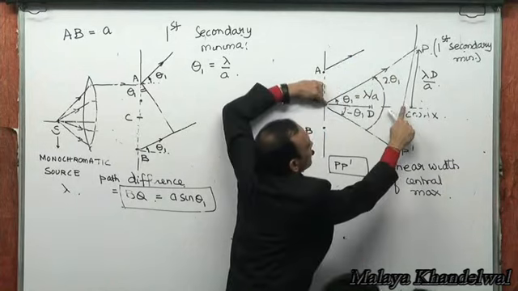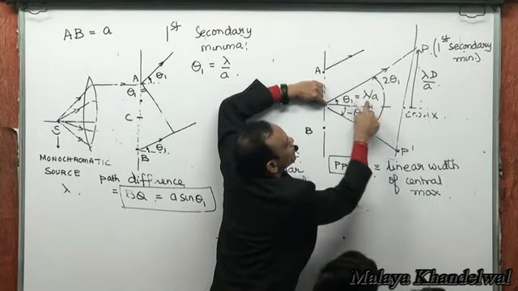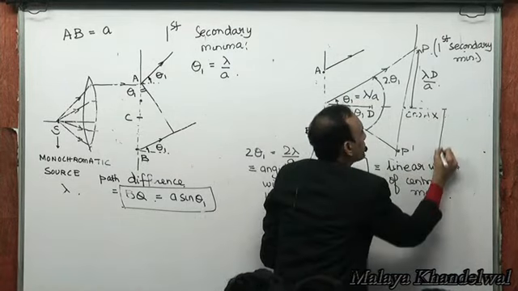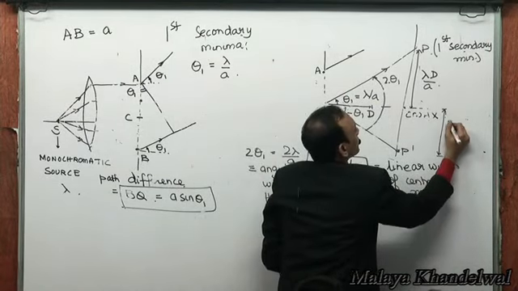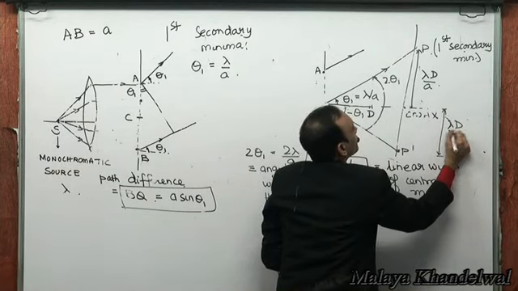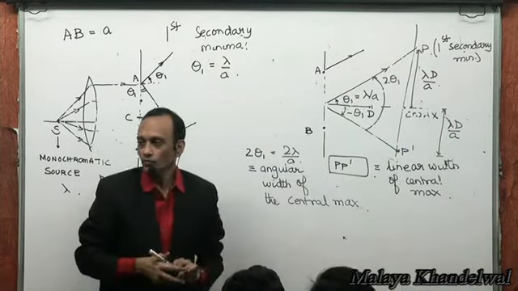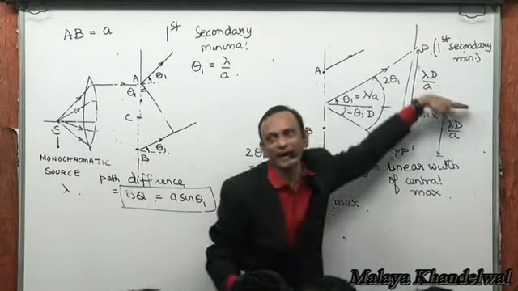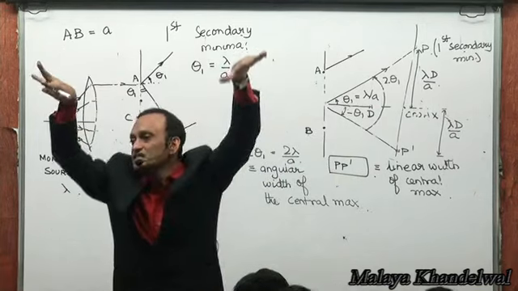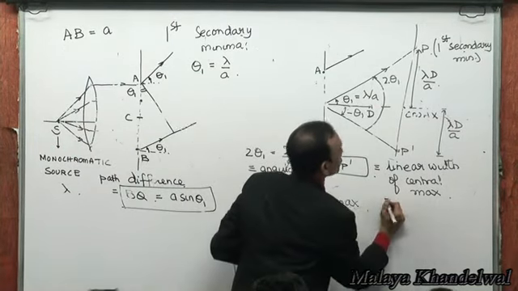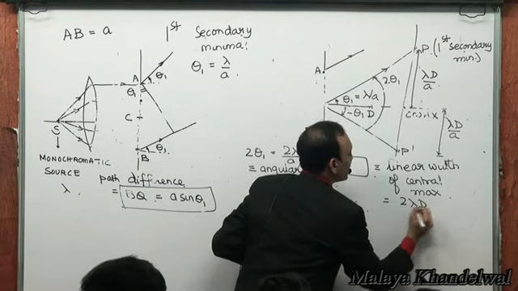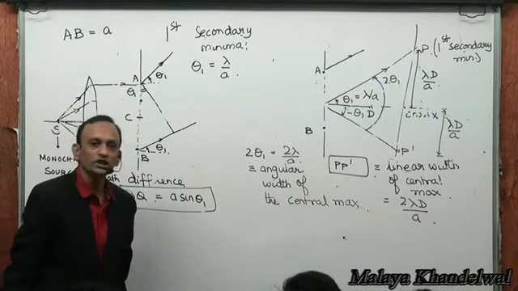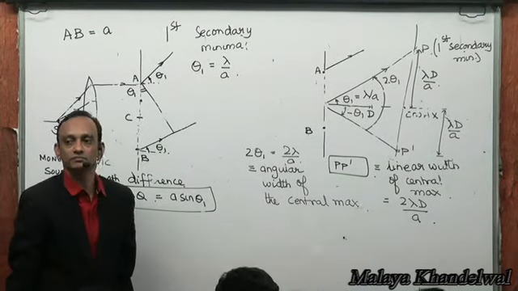Arc is r, which is d into theta, d into lambda by a. This is also going to be lambda d by a. So this whole thing, which is 2 lambda d by a, is the linear width of the central maximum.